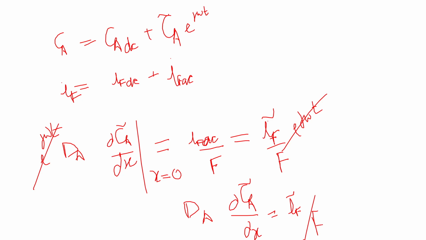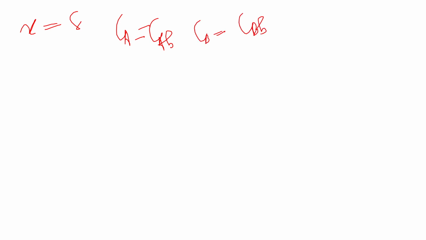Okay, so you got this one equation. Now you also know at x equal to delta, you have CA equal to the bulk concentration and CB equal to the bulk concentration. So these are your boundary conditions.